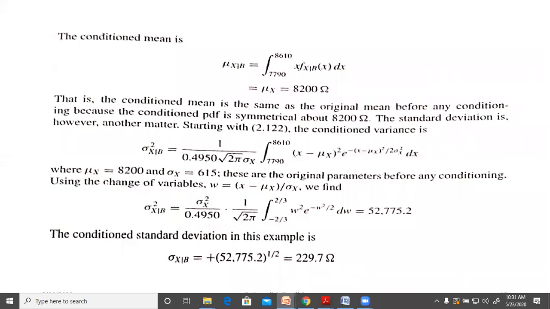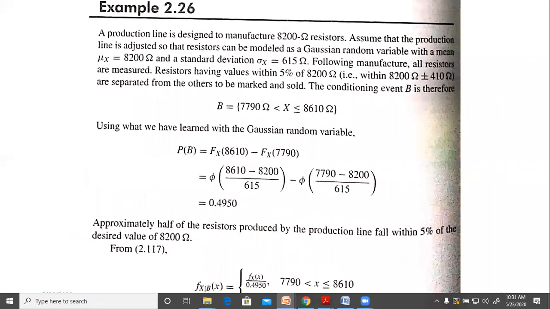But now because we have taken exactly plus or minus 5% around it, on one side 5% and on the other side 5%, the mean would change if we had taken 4% on one side and 5% on the other. But because we have taken both sides symmetrically, the mean will remain the same. However, the standard deviation is going to differ because we are going to truncate the range.